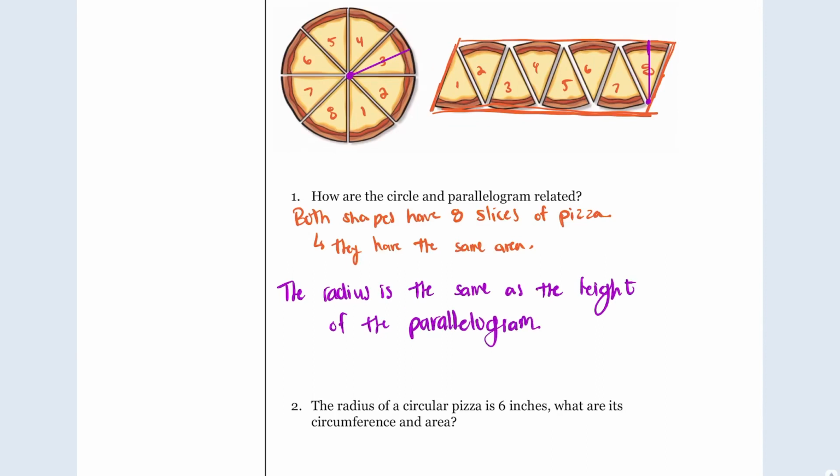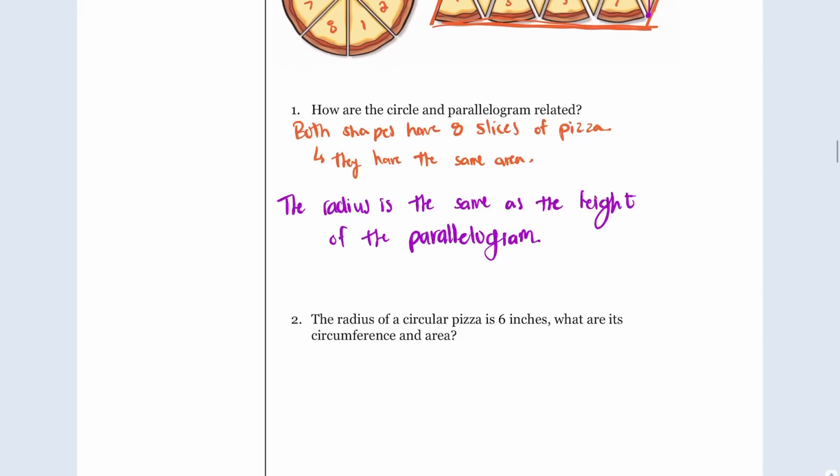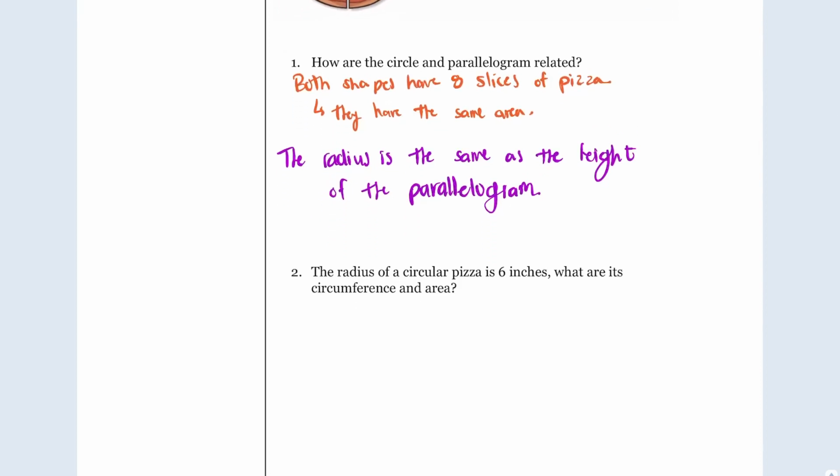These are big observations, and they're pretty important because they're going to help us figure out that relationship between circumference and area of a circle. So if the radius of a circular pizza is 6 inches, what are its circumference and area? We talked about some formulas. Circumference is equal to either pi times your diameter, or pi times 2 times your radius.